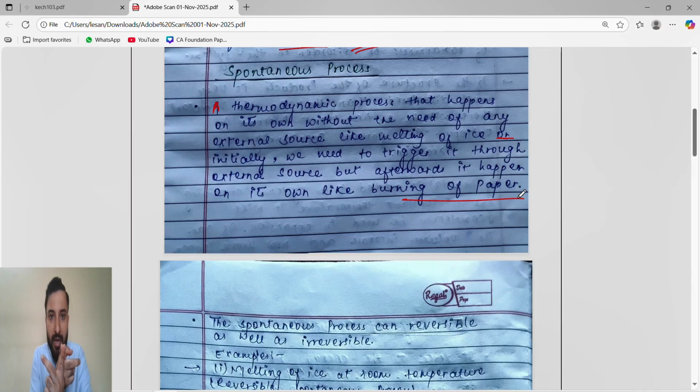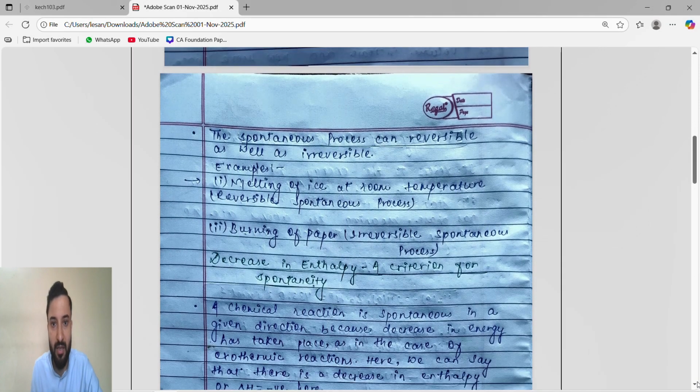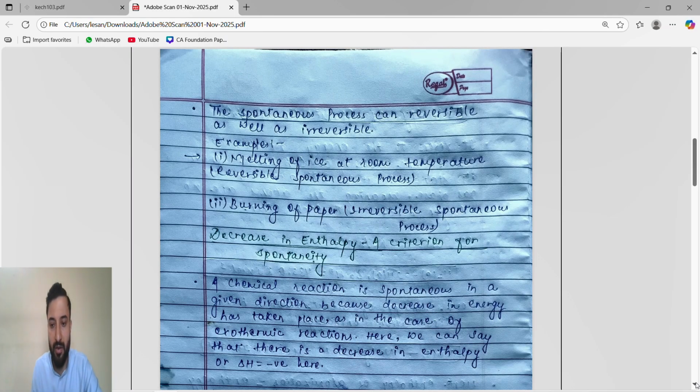First is either it will happen by its own without any need of external source. Second is just initially we have to trigger it by some external source. Afterward it will happen by its own. So this is called spontaneous process. Non-spontaneous, we should have to keep on doing, so that the process will continue.